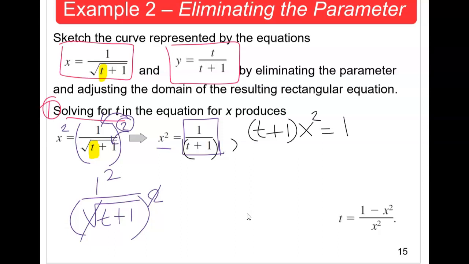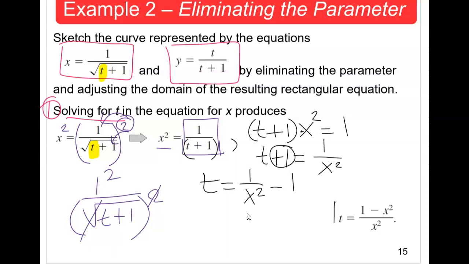Now we're going to take x squared to the other side. So now we have t plus 1 is equal to 1 over x squared. Remember, x squared was multiplying on the left, now it's dividing on the right. And then finally, I will take the plus 1 to the right side of the equal sign, and it will be a minus 1.